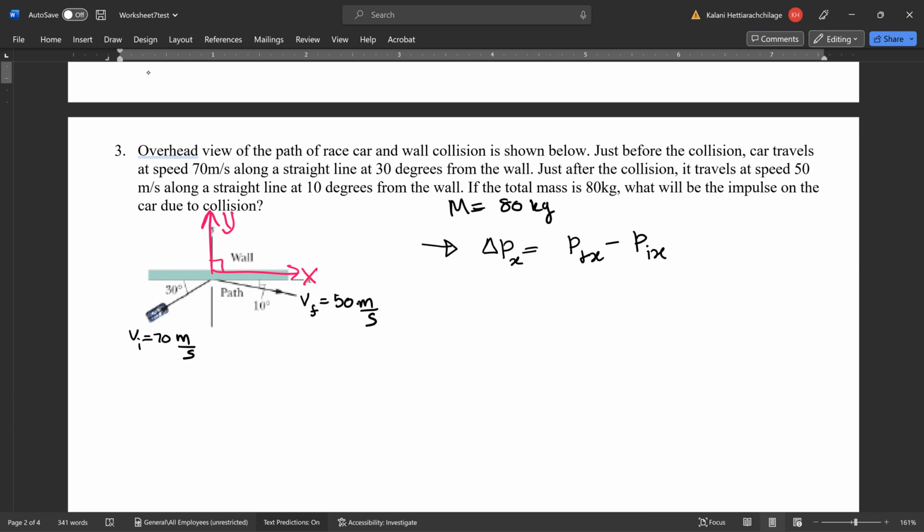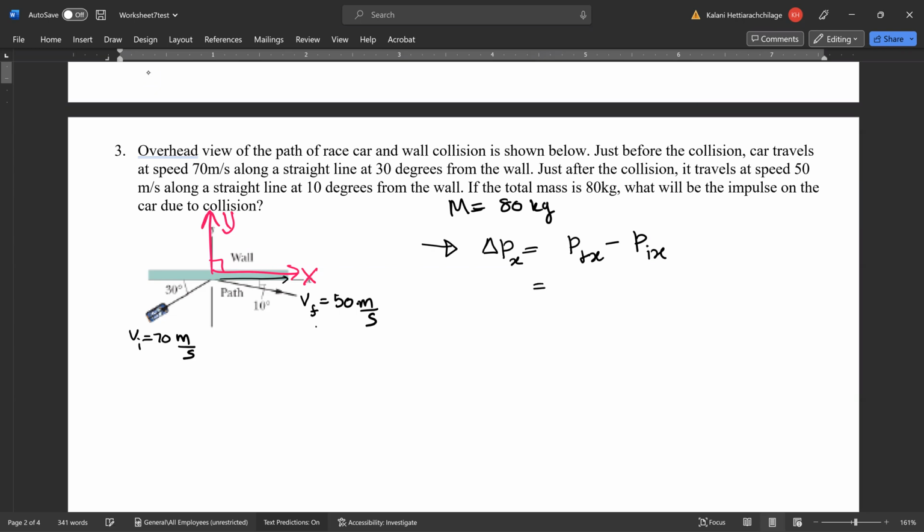So now the final momentum in the x direction, we are using vectors. You see that this is the vector that I need, and this is the V final. We know the mass times V final times cosine of 10 will be your final.